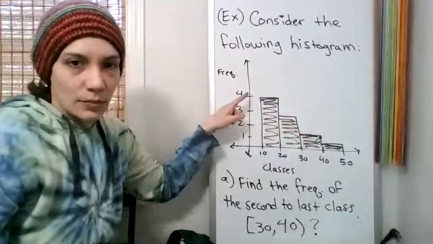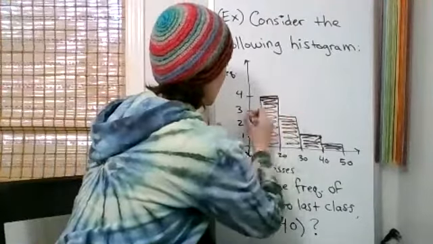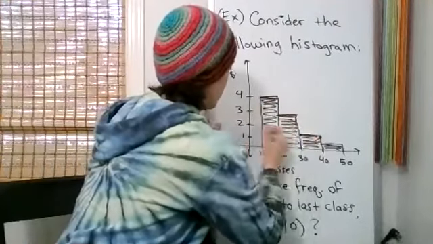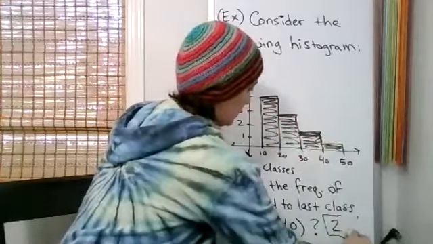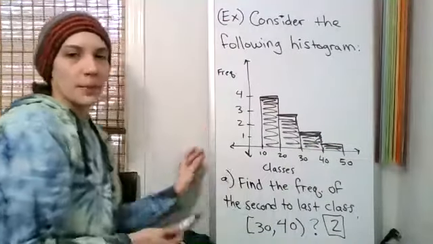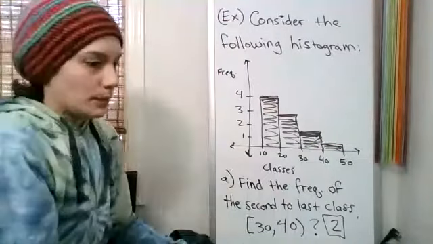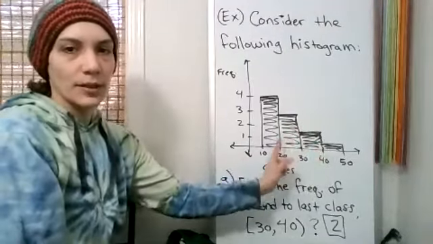The height was, well, the drawing is supposed to be, so it's a 4, it's a 3, it's supposed to be 2. How many classes? 2, 3, 4 classes.